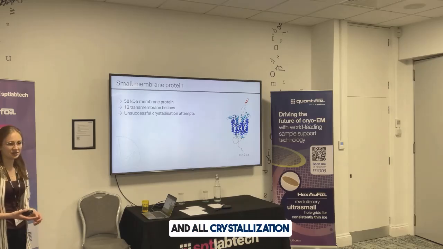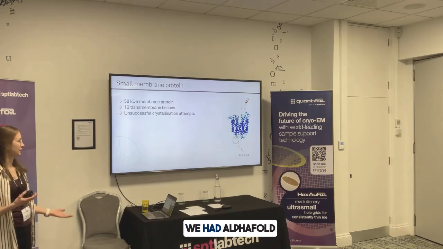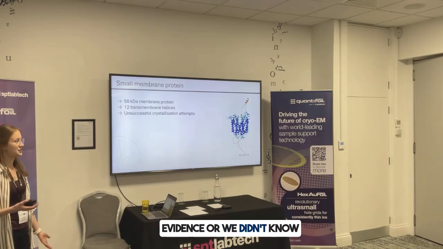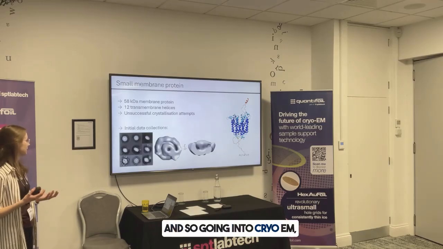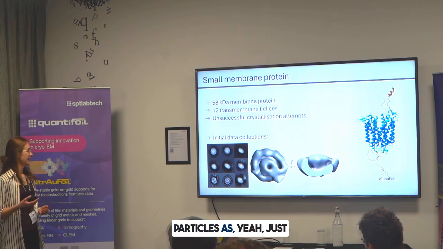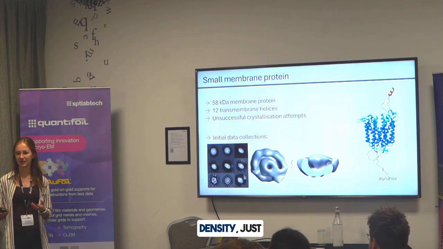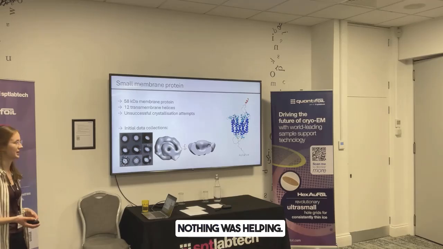All crystallization attempts were unsuccessful before, so we had an AlphaFold prediction, but no real evidence of what the protein actually looked like. Going into cryo-EM, we also struggled at the beginning to align the particles, because of no external density. Optimization of the data collections and buffers, nothing was helping.